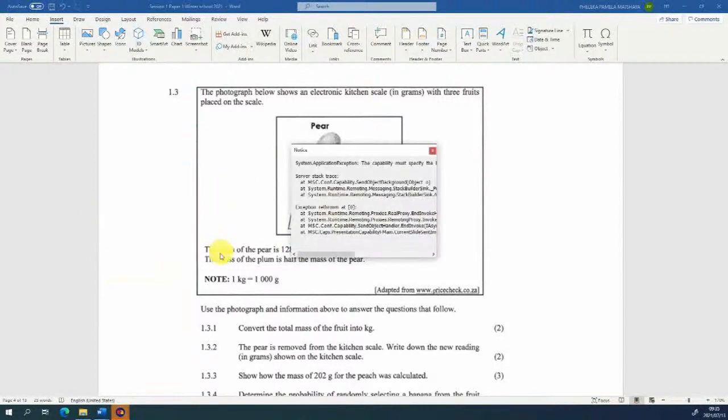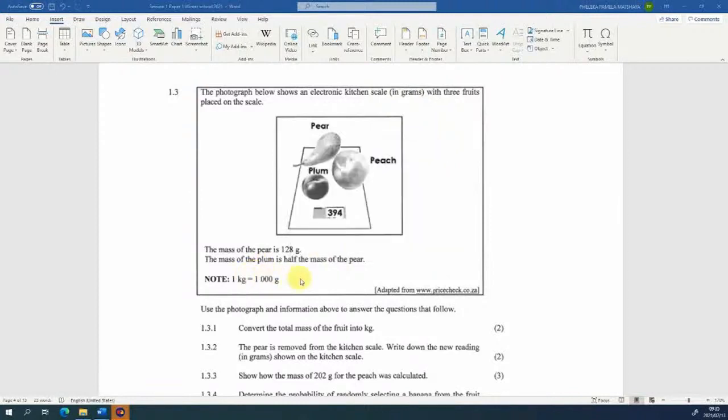So, what else are they telling us? They are saying the mass of the pear is 128 grams. So that value of 394, you see there, is a value in grams.